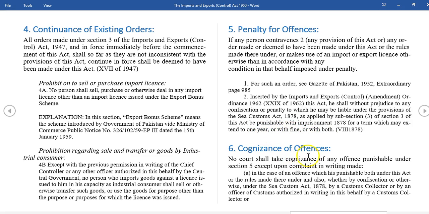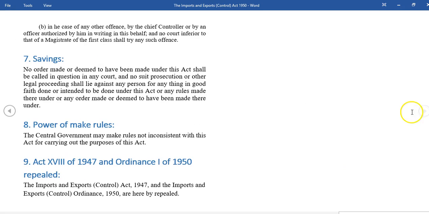And how will these offenses or violations be notified? It says that no court shall take cognizance of any offense punishable under Section 5. Section 5 means the previous section, penalty for offenses, unless and until it is notified in writing. So if somebody wants to complain, the customs collector or the chief controller's office needs to notify the violation of this act in writing to the court.